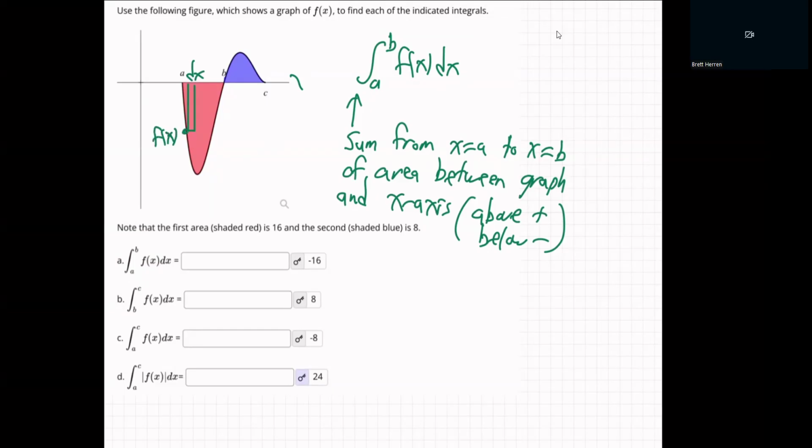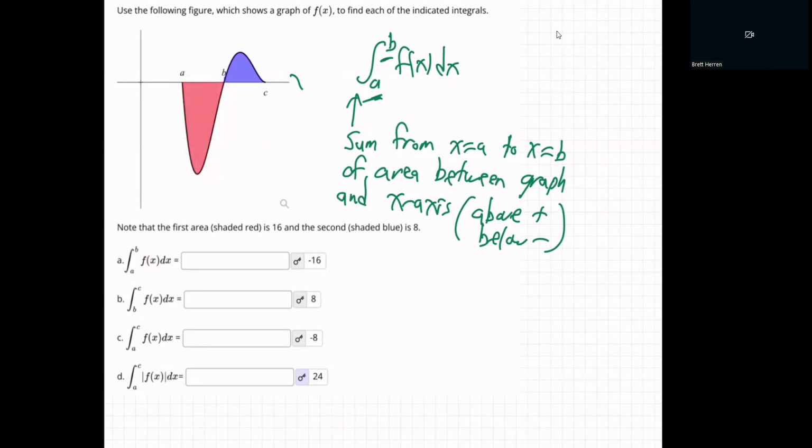So the area of this rectangle would be its height, f of x, times its width, dx. Then you would have another rectangle, and you would just add these up from a to b.